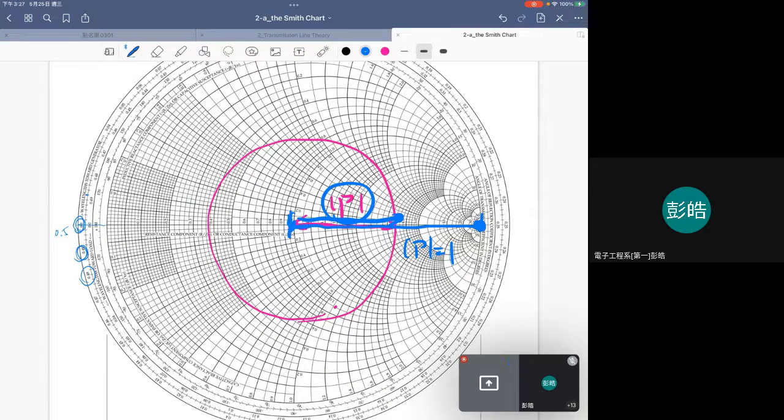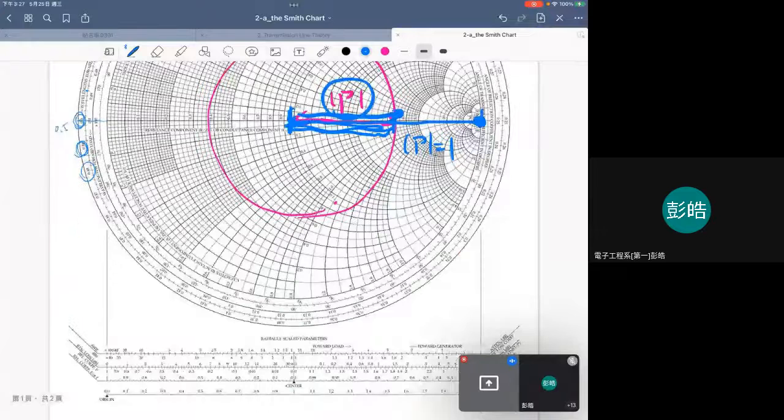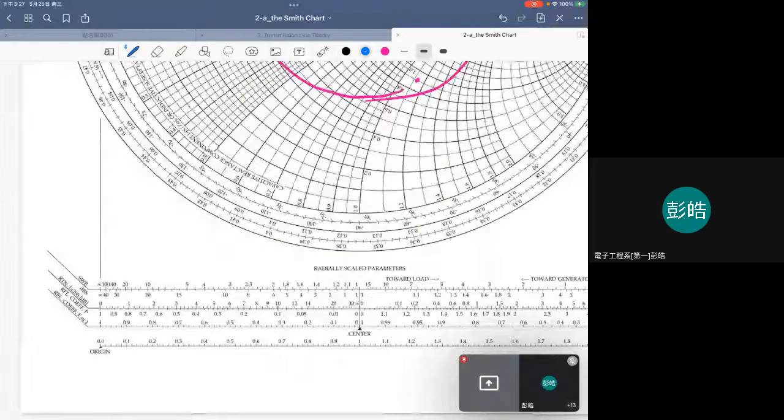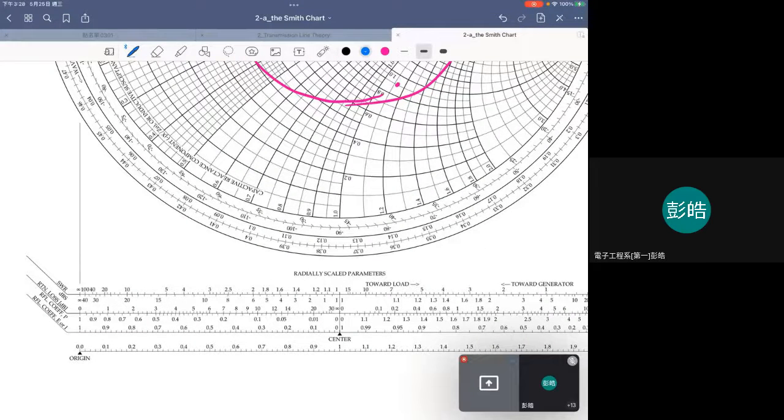This is the radius. But after you make your circle, actually you have the length of this one, right? Then you will see under this Smith chart, there is a reflection coefficient scale.